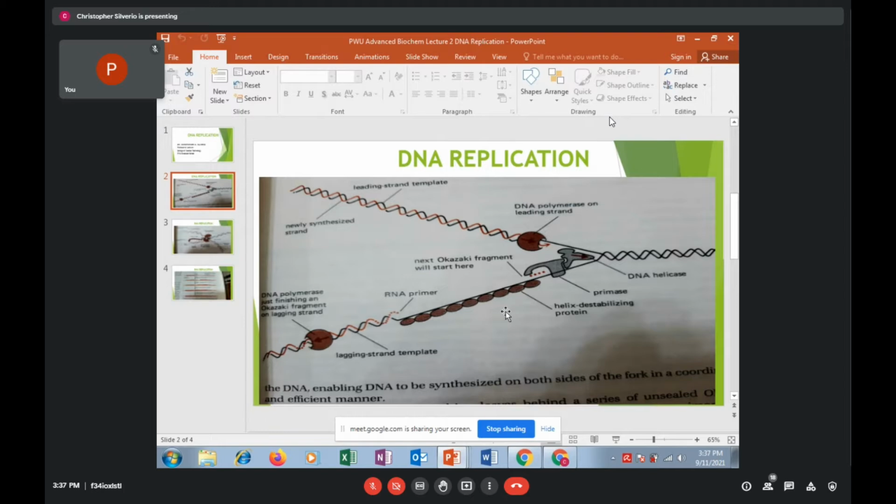What are the types of purines? What are the types of pyrimidines? Purines po are adenine and guanine, and then pyrimidines are cytosine, thymine, and uracil po for RNA. For RNA. Yes, right.